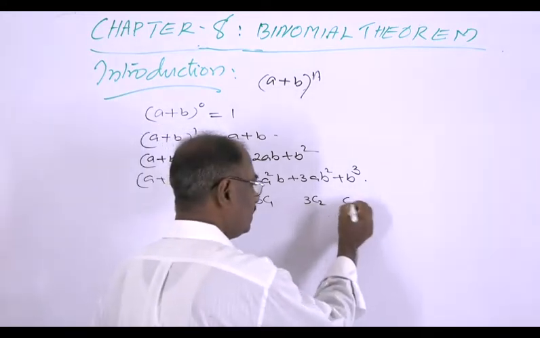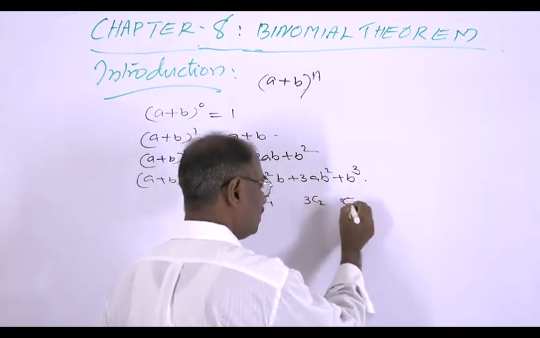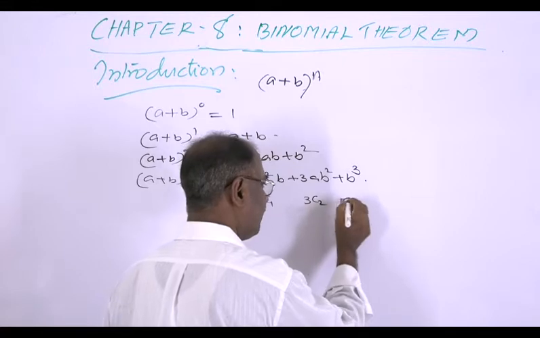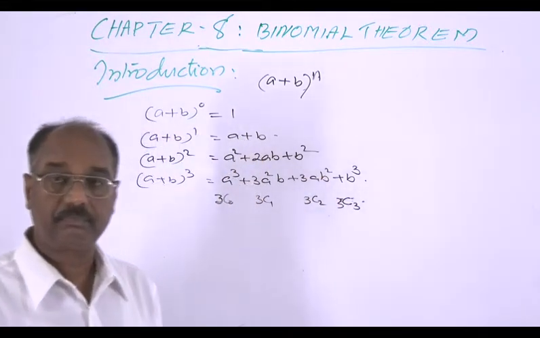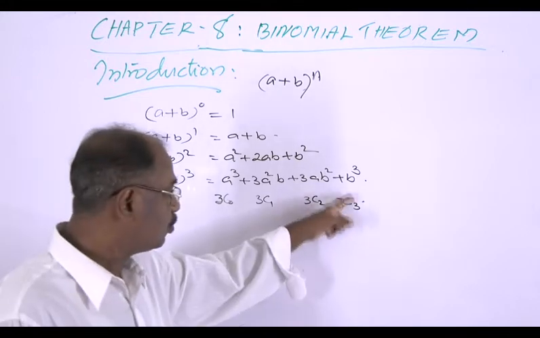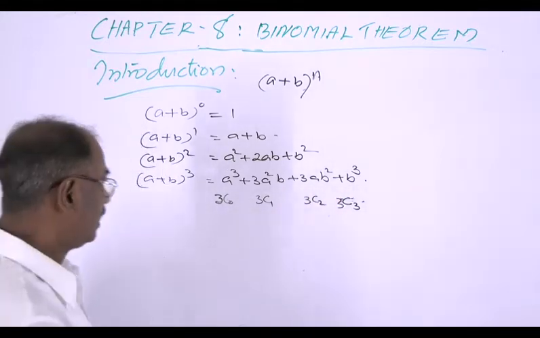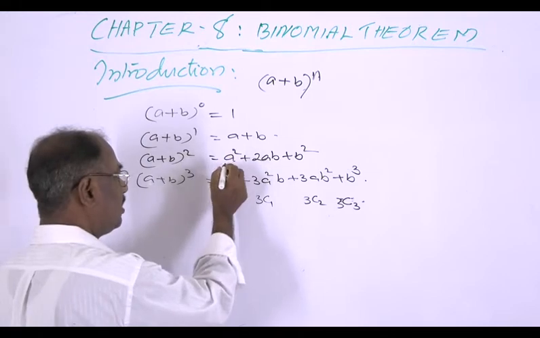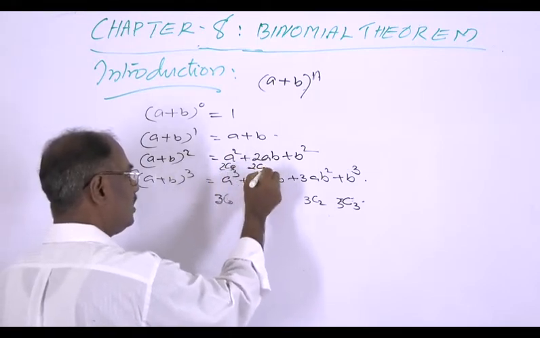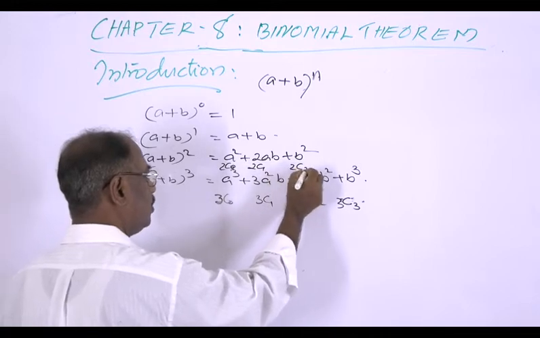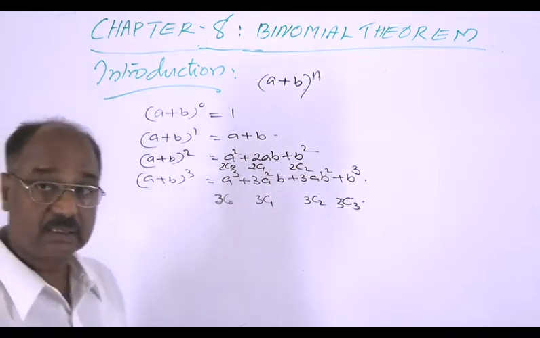And this is 3C3, 3C3 is 1. Similarly, for the square, the coefficients are 2C0, 2C1, 2C2.